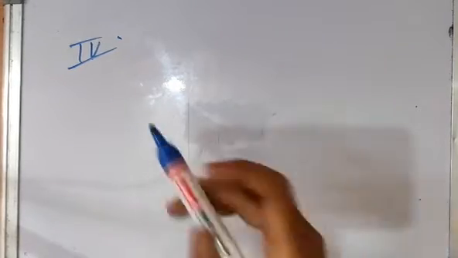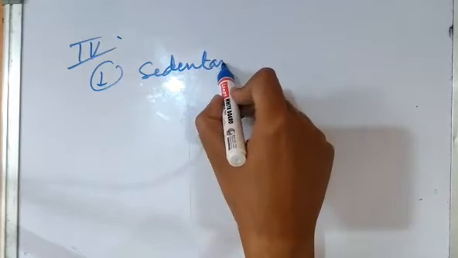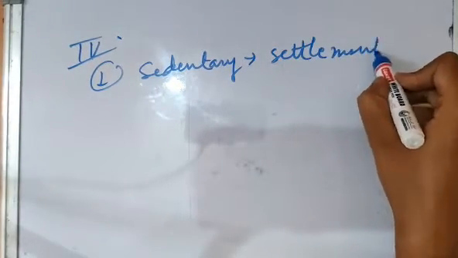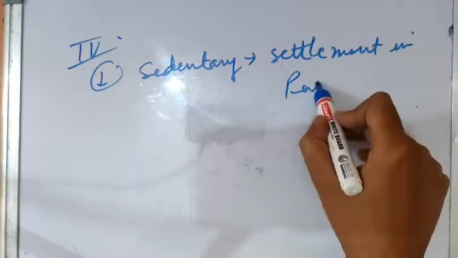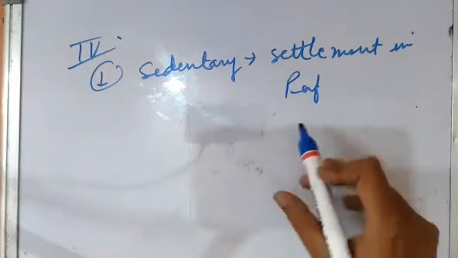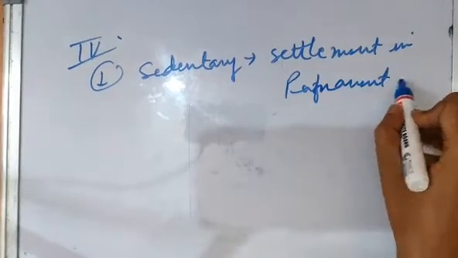Number 4, that is on the basis of settlement. Suppose I am going sedentary. Here settlement is permanent. It means we have one field where we are growing crops, our children grow there, and our grandchildren will use that field. So your settlement is permanent. One piece of land is permanent.